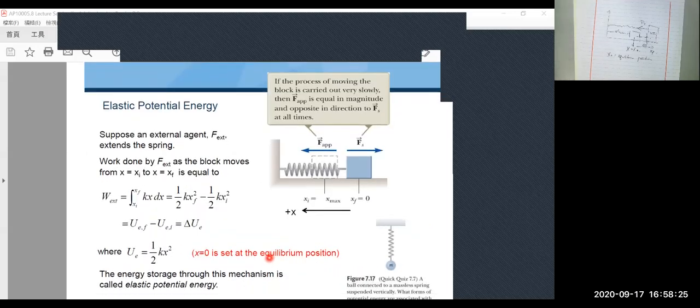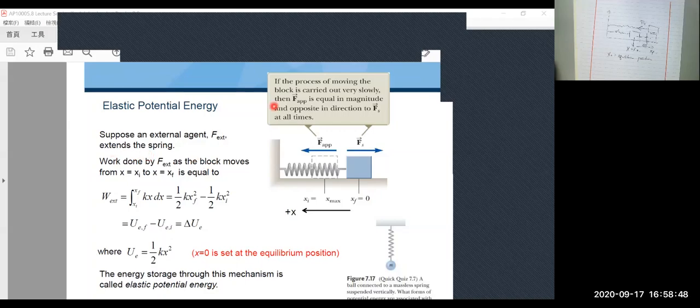So associated with the spring force, there would be a corresponding spring energy. Now, here the diagram may not be very easy to understand if you combine it with the graph. Here, actually, the graph is talking about the compression of the spring.